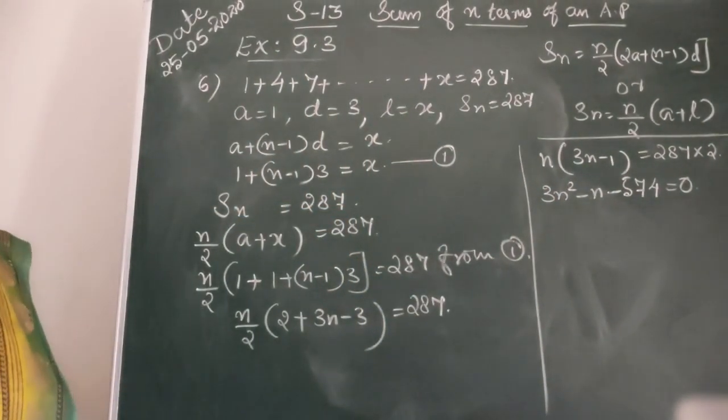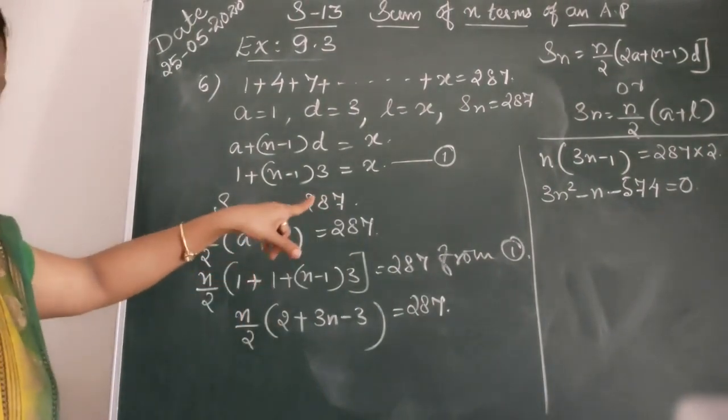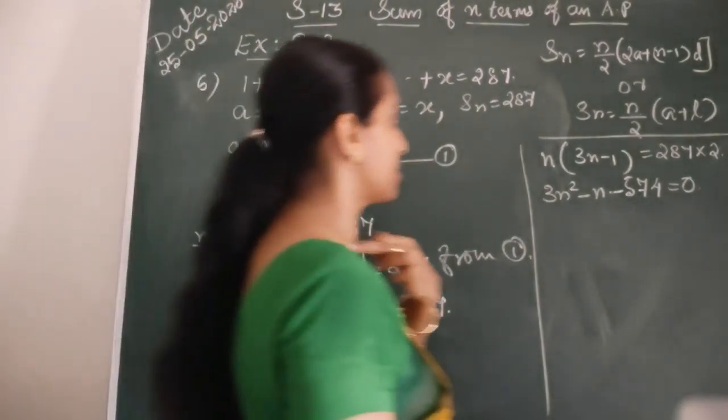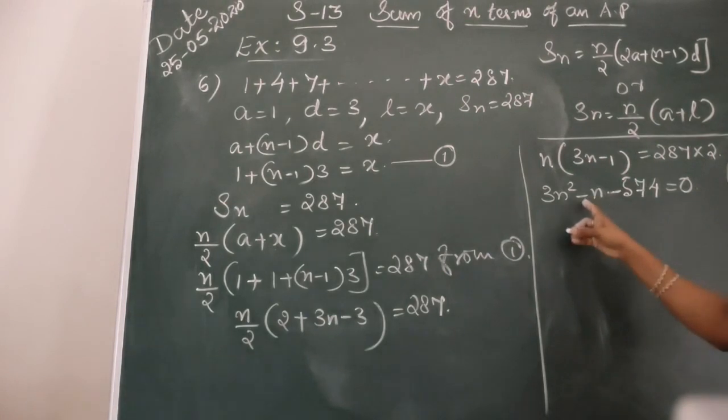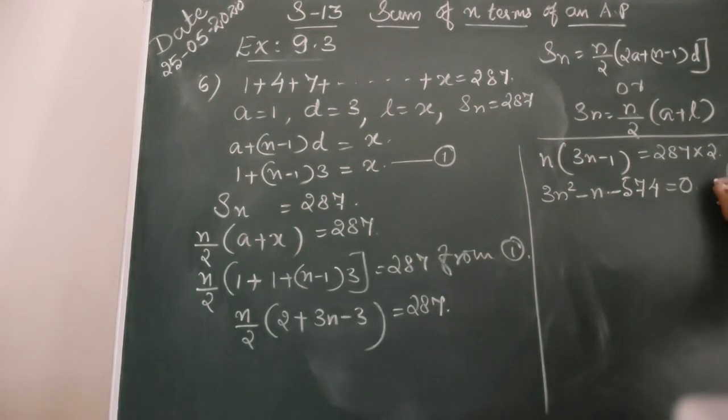Now what to do? You have to factorize it. How will you factorize? That is 574 into 3, 1722. You have to find two numbers whose sum is minus 1 and product is minus 1722. Okay?